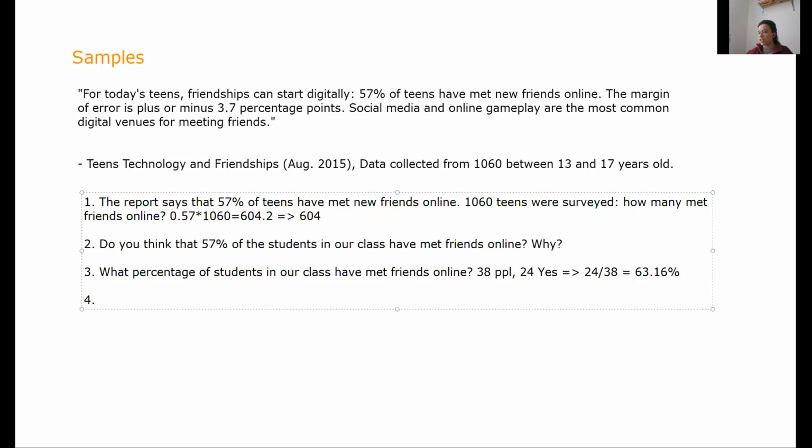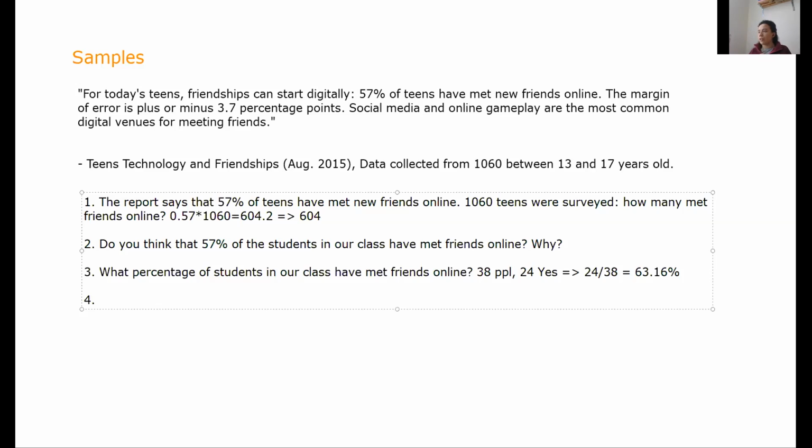So, which one do you think would be a better estimator? 57% or 63%? Probably closer. Which one? 57%. Why 57%? Because it's a larger group. It's a larger group, so that's a very good point. So you have a larger sample, which means that it might get closer to the actual value.